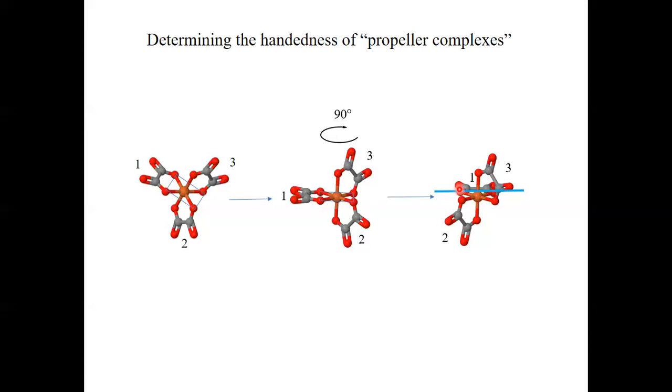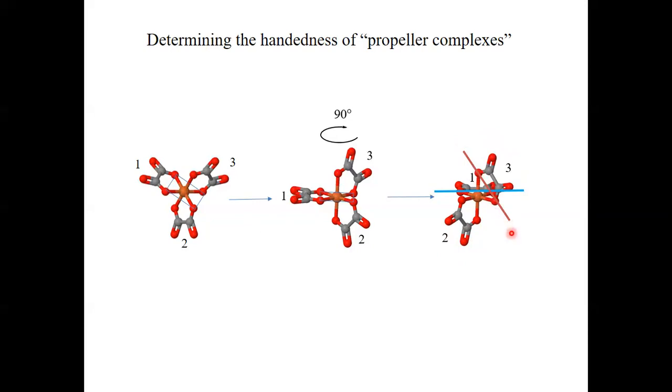And then you draw another line through two donor atoms of another ring, which is a propeller blade relative to the ring that we are looking at, so one which is not coplanar and which is not adjacent. We could choose either this one here, ring 3, or ring 2. In this example, we choose ring 3.